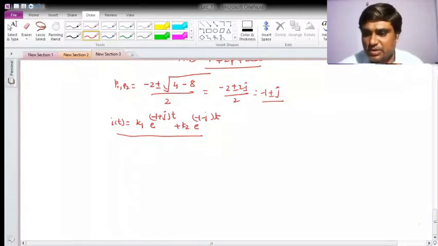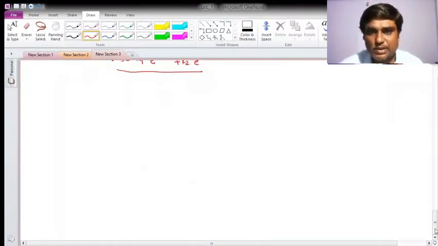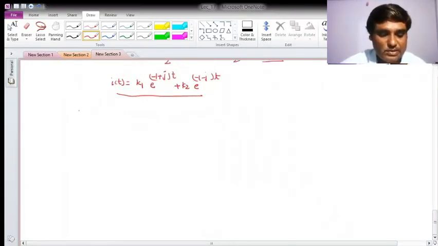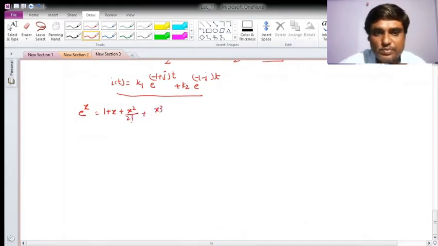This can be accomplished by first generalizing it. Let us see the generalized exponential series, that is e raised to x is 1 plus x plus x squared upon 2 factorial plus x cubed upon 3 factorial, like this.